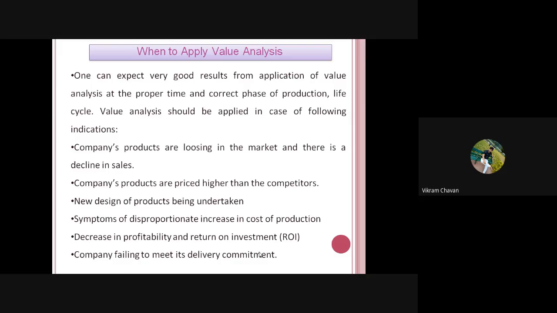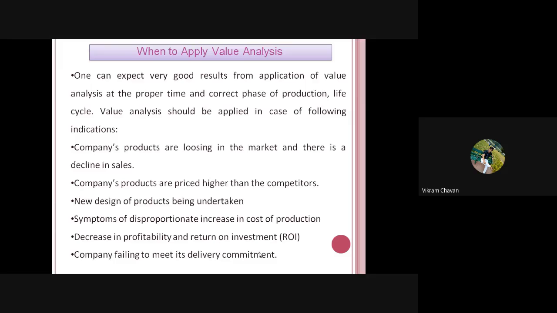I know that the first model of the Splendor was heavier compared to today's model, and the design was also different at that time.